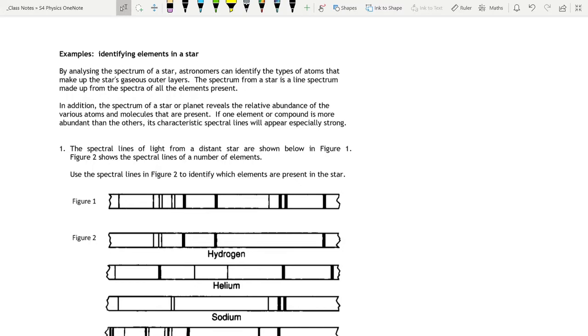Remember, don't all crowd once you want to look at it. Right, you've got two more minutes to have a look.